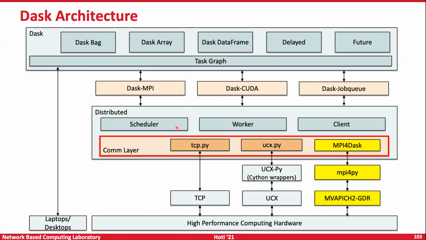When the scheduler is talking to a worker or client over the network, it obviously utilizes some kind of communication, and this communication layer is also part of Dask distributed. As I mentioned earlier, TCP is an existing device, UCX is an existing device, and we have added support for MPI4Dask in the Dask distributed layer. What this does is that MPI4Dask makes use of the MVAPICH2-GDR communication library through mpi4py, which is a Python interface to the MPI standard.